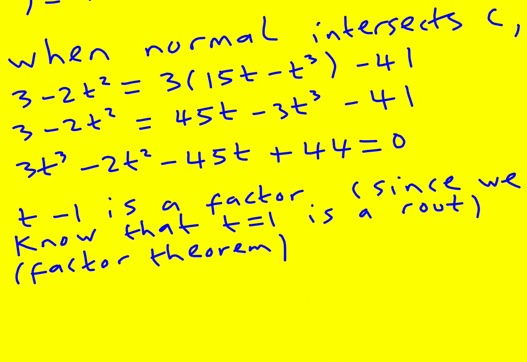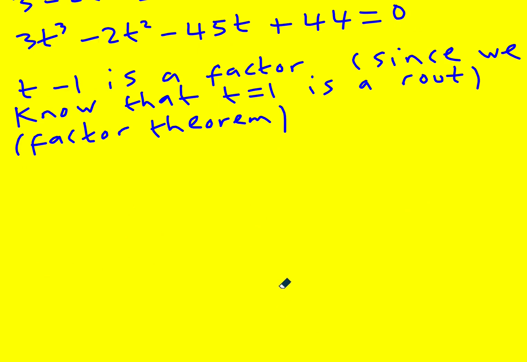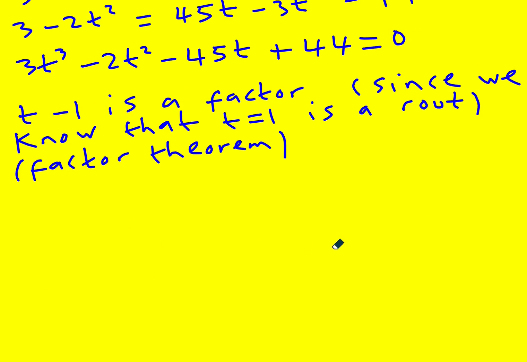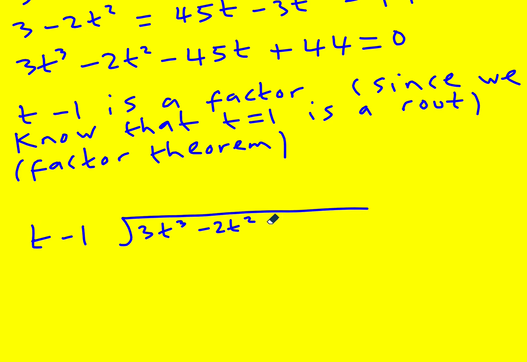So now we can basically divide by that, because we're aiming to factorize this cubic. So I'm going to do polynomial division. t into 3t cubed gives me 3t squared.